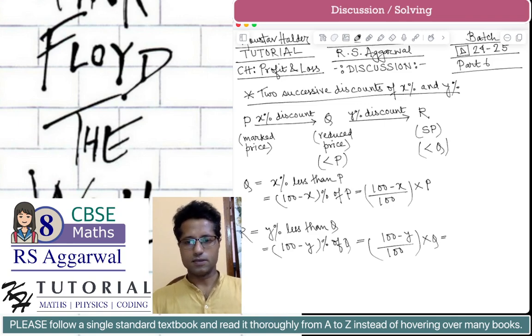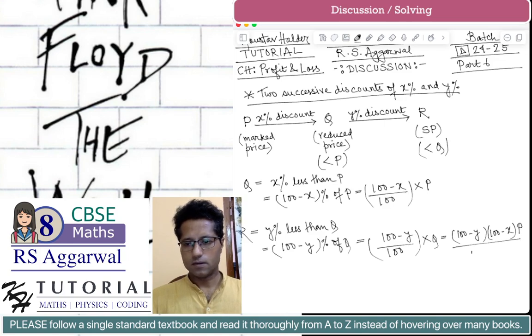In the earlier step we found Q to be (100 minus X) divided by 100 multiplied by P. So R becomes (100 minus Y) multiplied by (100 minus X) multiplied by P, whole divided by 100 squared.